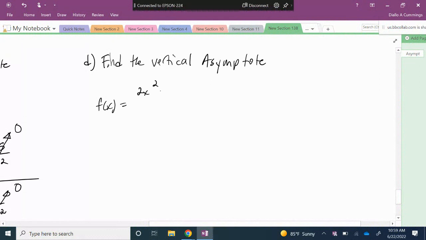So that's 2x squared minus 7x minus 15 over 3x squared minus 11x minus 4.